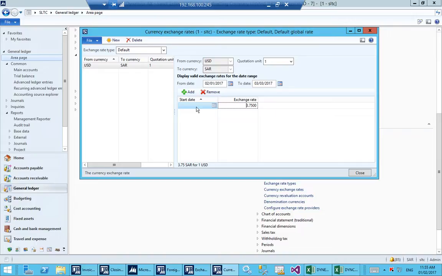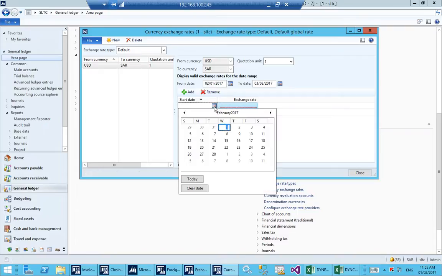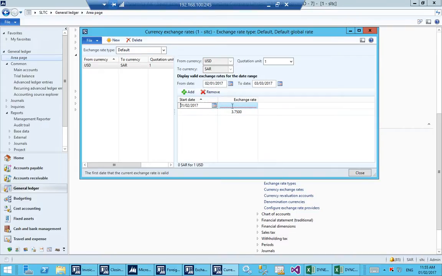Okay, for example, we can add here from 1st of February. The exchange rate will be 3.85. Okay, 3.755.